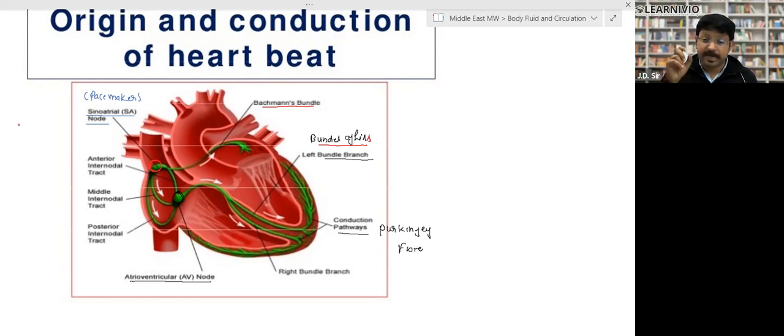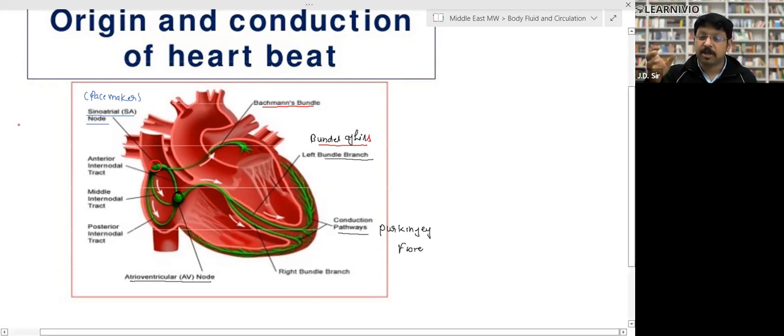When it expands, the valve opens; when it contracts, the valve closes. That's how the valve gets operated. This node is providing the energy. Is it clear? Yes, sir.